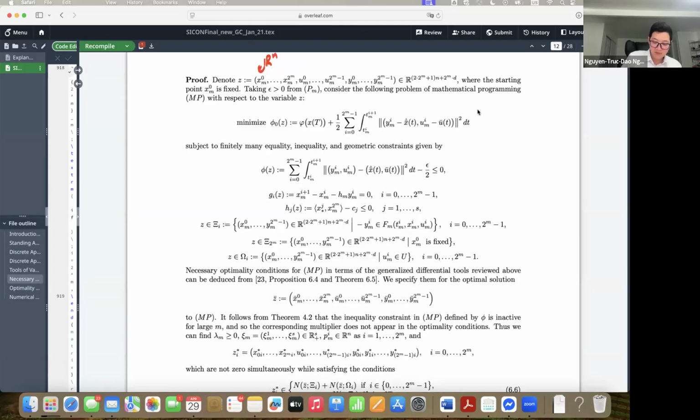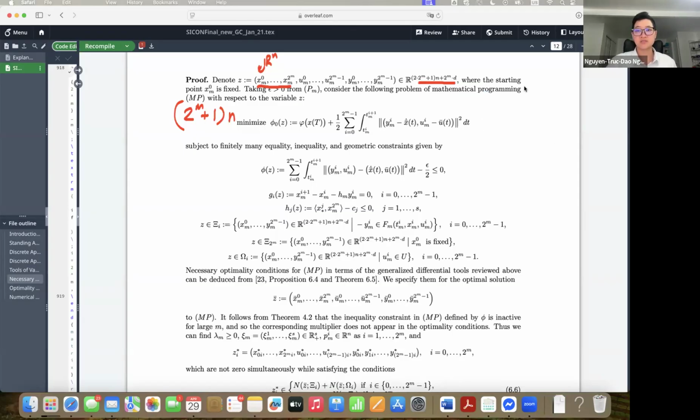So when you have 2^m, sorry, 2^m vectors, each vector belongs to R^n, the dimension of this one is going to be (2^m plus 1) times n. So you can do the calculation, add them up, and get this dimension.